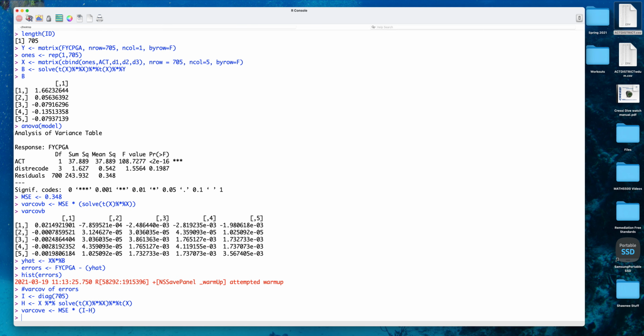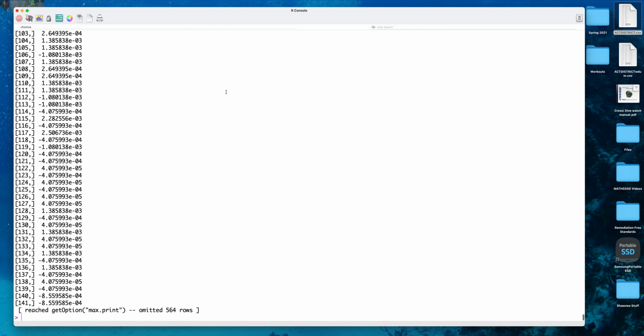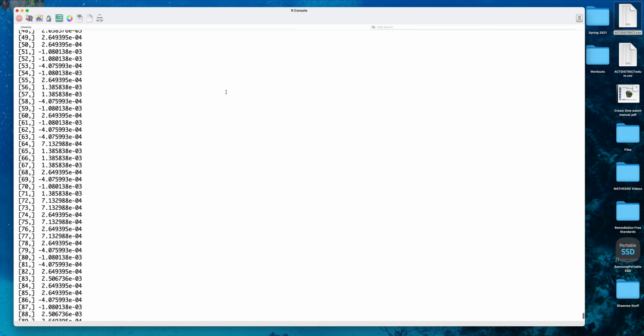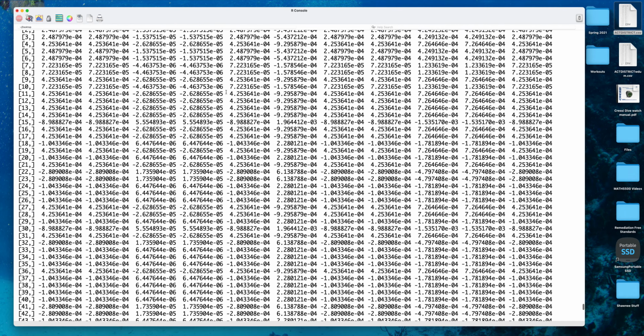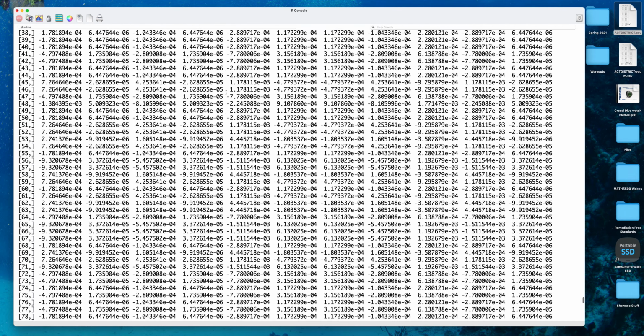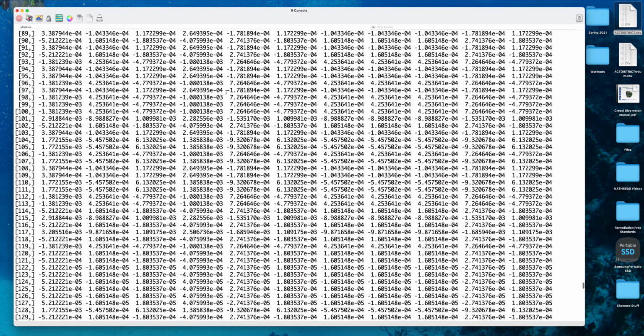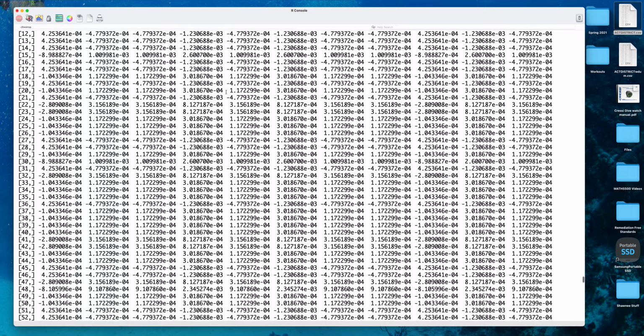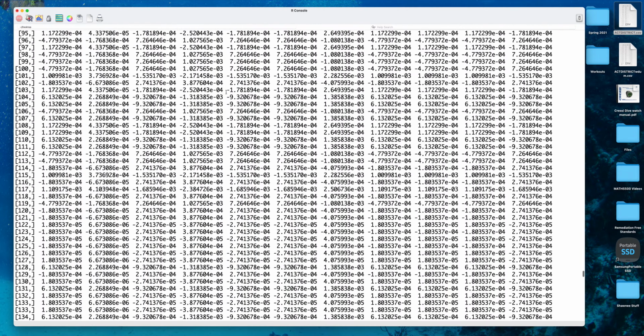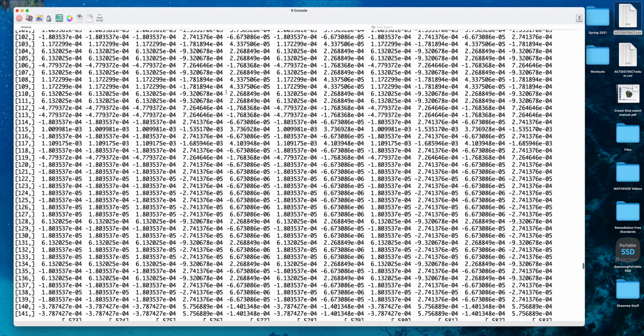Now it's going to be huge, I hesitate to do this, but I don't even know if it's going to print them all out. Just to give you an example, that's why I don't like to do this, because it just overwhelms the output. Goodness gracious. Of course, 705 by 705 is a huge matrix.